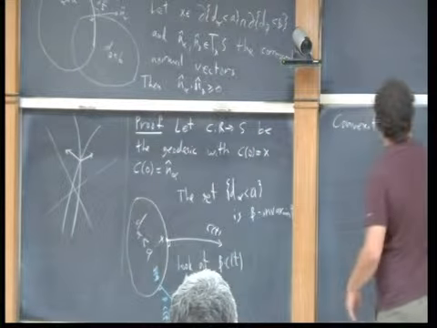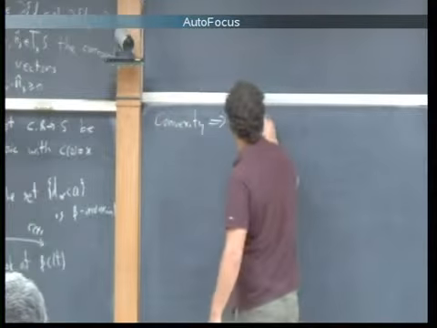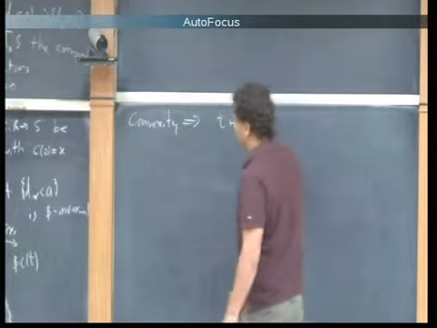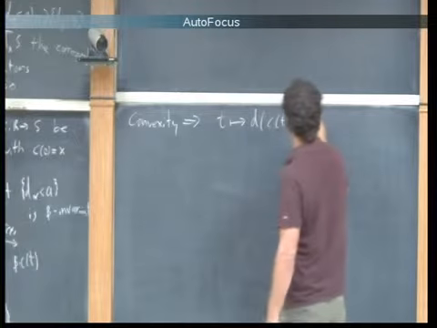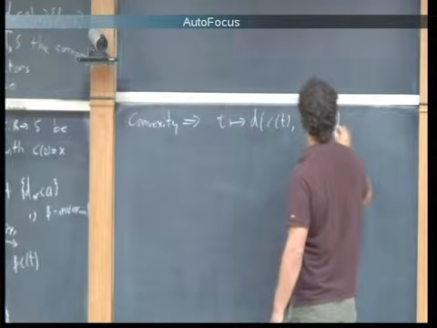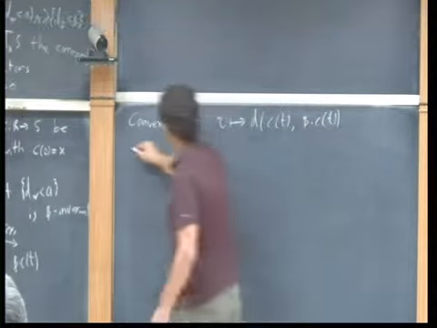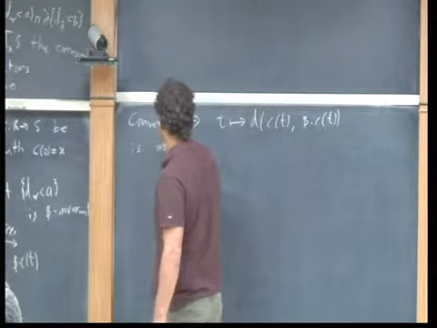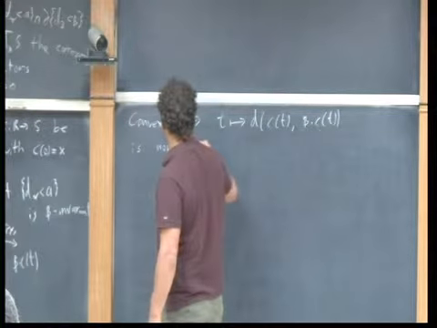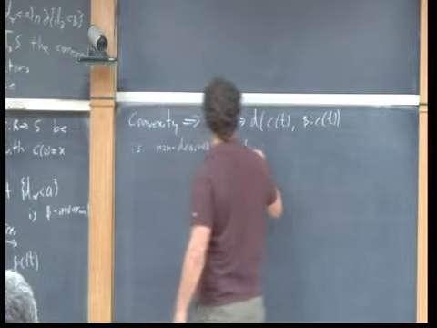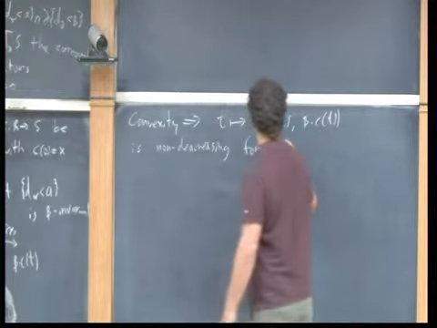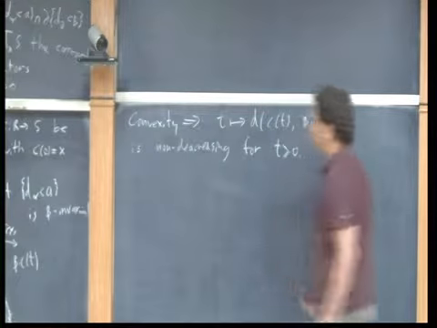So convexity implies that the function t goes to the distance between c of t and beta of c of t is non-decreasing for t greater or equal to zero.